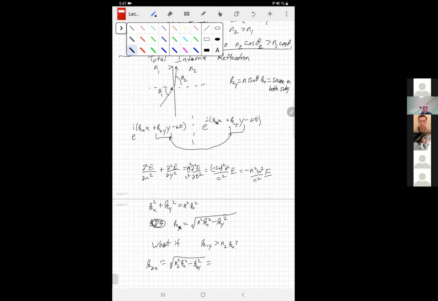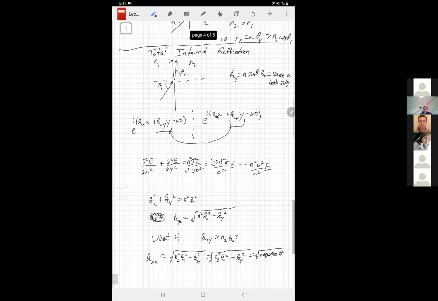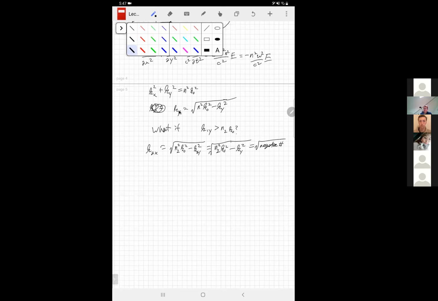So k2x winds up being the square root of n2 squared k naught squared minus something bigger than that. And if this something is bigger, we get the square root of a negative number. Any questions?